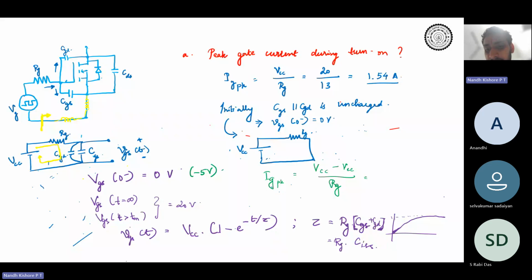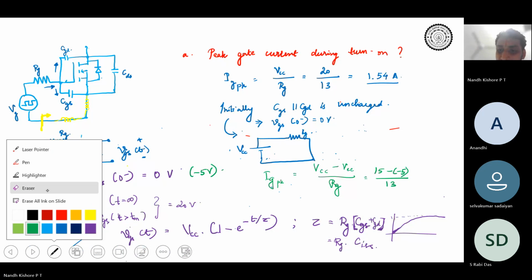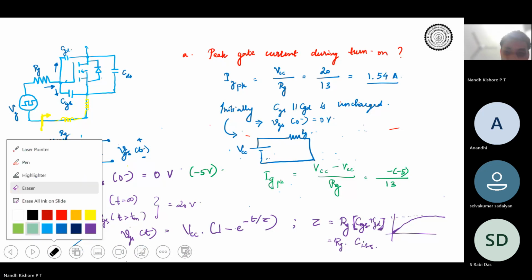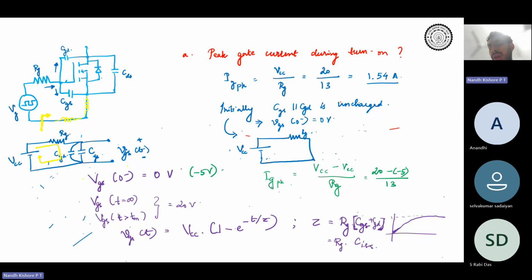So what is this VCC minus VEE? 20 minus of minus 5, divided by RG which is 13, so 25 by 13, almost 2 amperes.